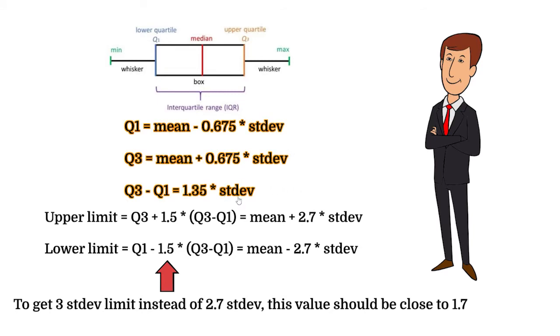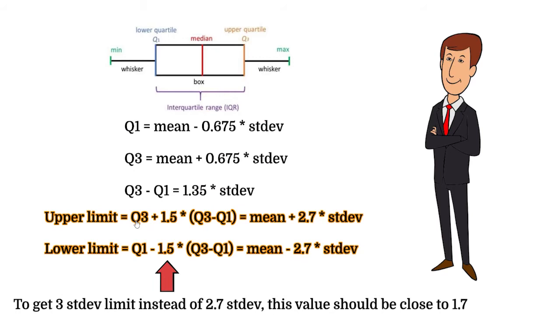Sometimes this standard deviation is defined as robust sigma or robust standard deviation. The way to get this robust standard deviation is just to calculate Q3 and Q1, get the difference, and divide that value by 1.35. In this way, we get a robust standard deviation.